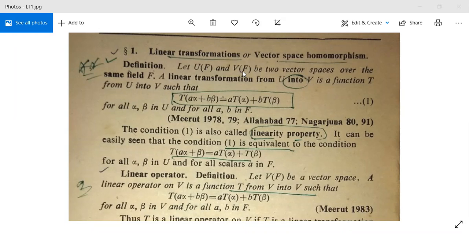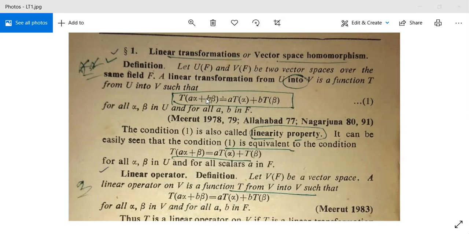Suppose U(F) and V(F) are two vector spaces over the same field F, then a linear transformation from the vector space U into the vector space V is a function T from U into V such that T(aα + bβ) = aT(α) + bT(β) for all α, β in U and for all a, b in F. This is the basic condition for a function T from U into V to be a linear transformation.